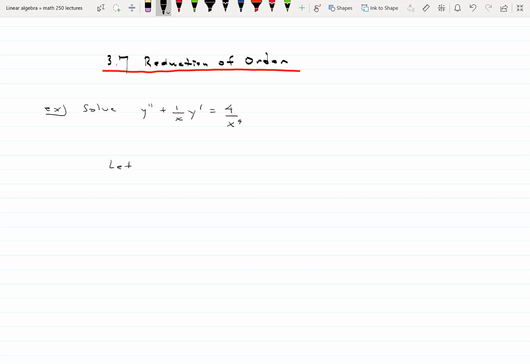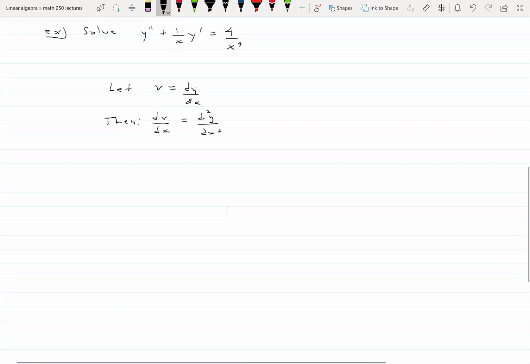Notice what happens if I let v equal y prime, that is dy dx, and then I differentiate both sides of this equation. Then I get dv dx equals y double prime, d squared y over dx squared.